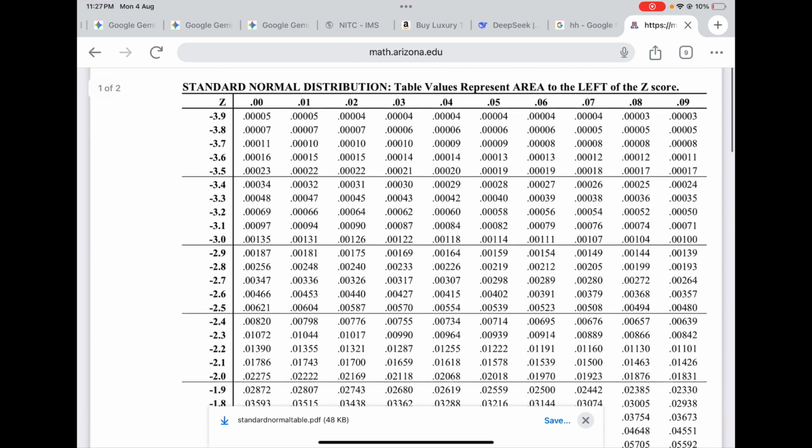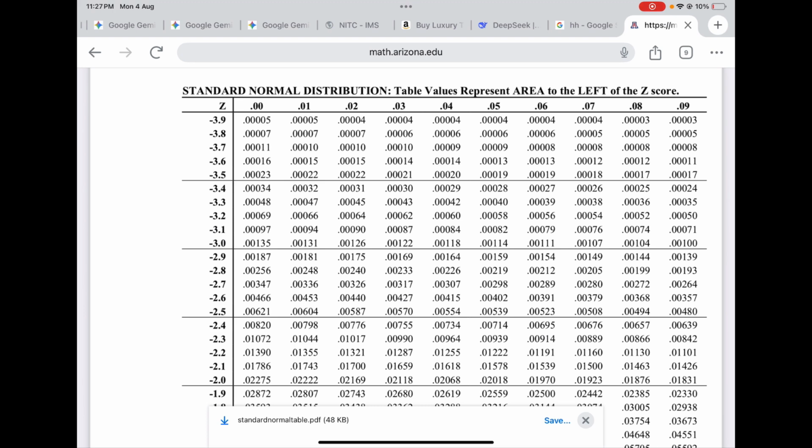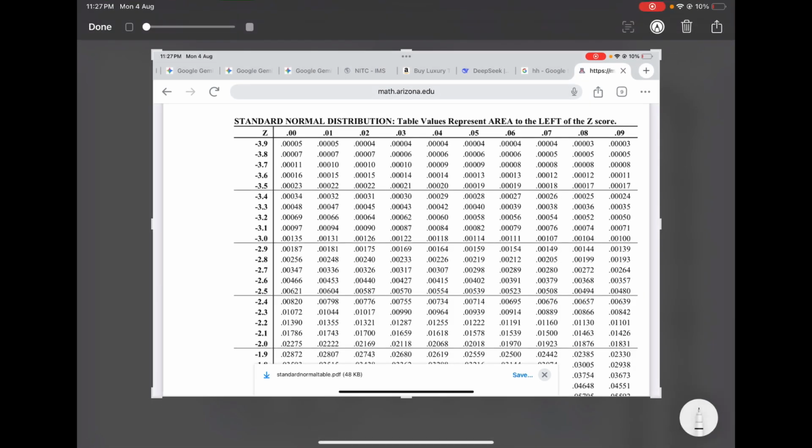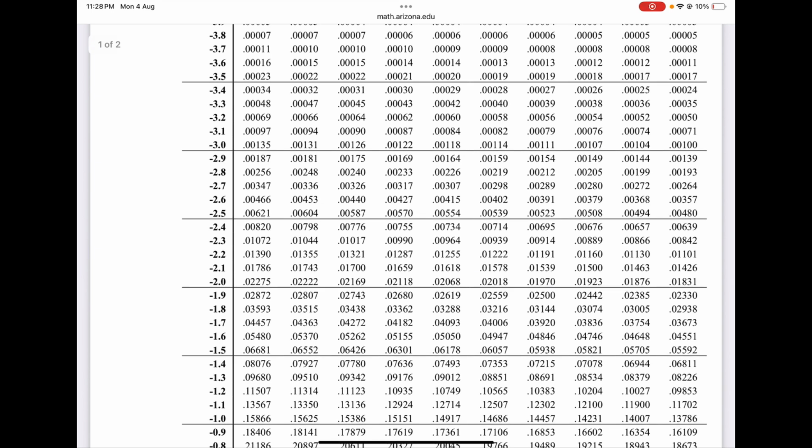Corresponding to 0.05, you need to search for 0.05.